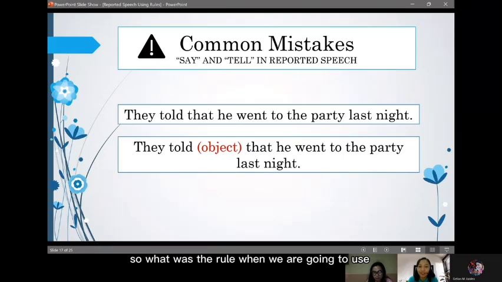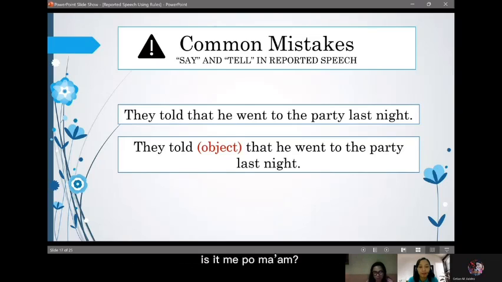So what was the rule when we are going to use the reporting verb to tell? That it must be followed by an object, right? Yes. Okay.